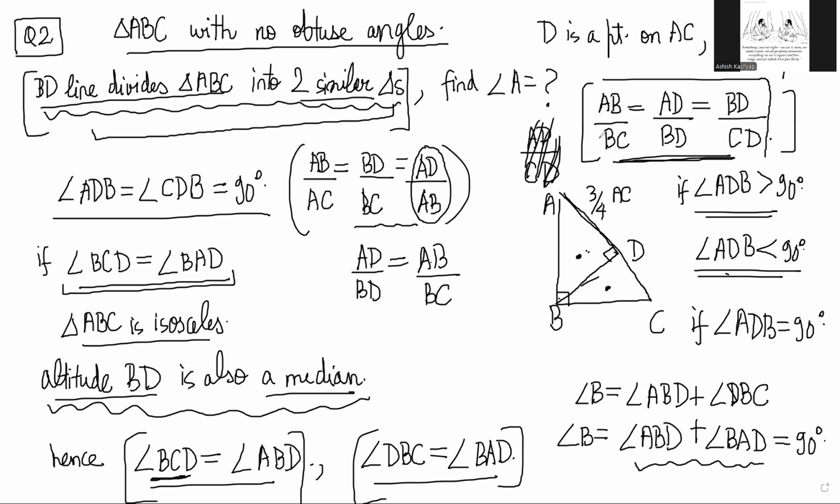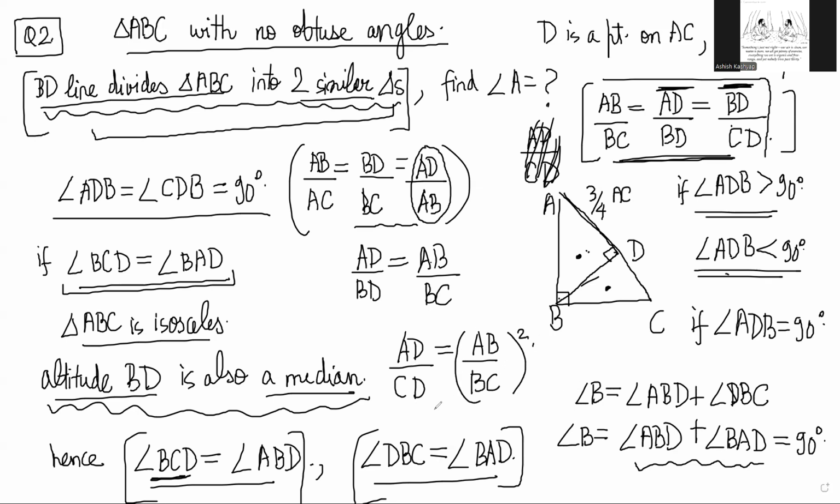So, okay, what I can get is if I multiply this ratio and this ratio, I will get AD by CD is equal to AB by BC whole square, right?